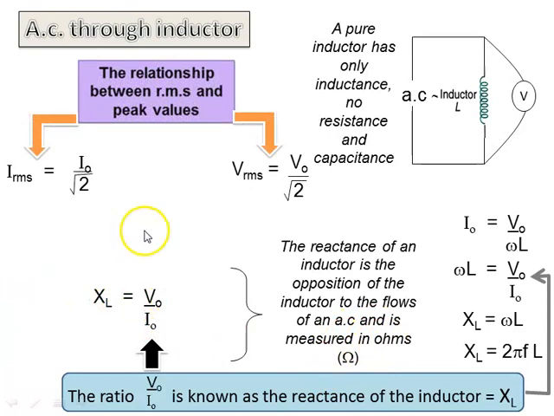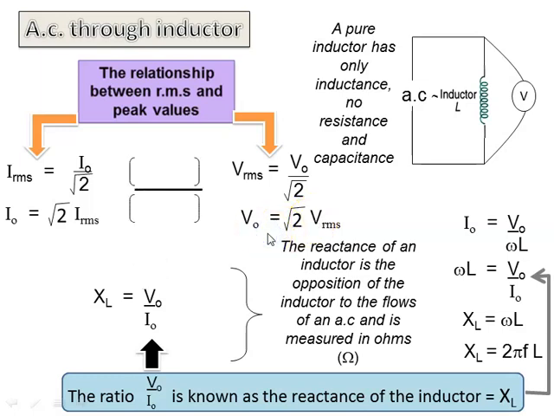Next, we are going to relate the V peak and I peak with the RMS values. Irms equals I naught per root 2. Therefore, I naught equals root 2 times Irms. And Vrms equals V naught per root 2, and therefore V naught equals root 2 times Vrms.